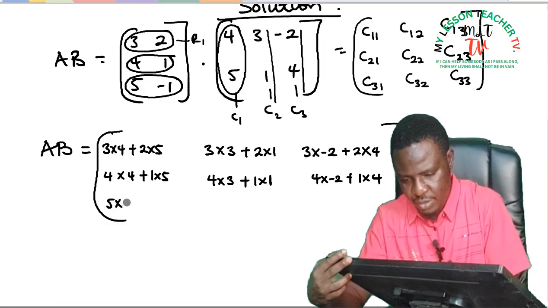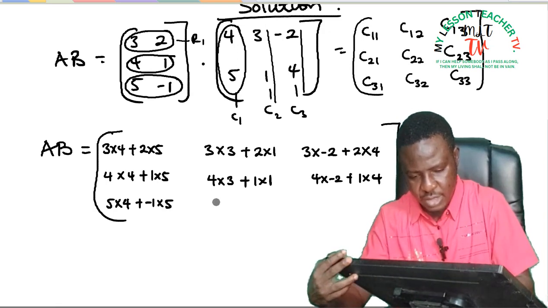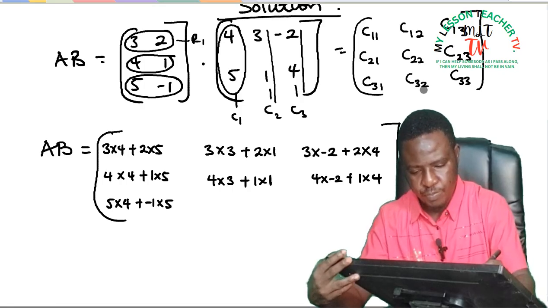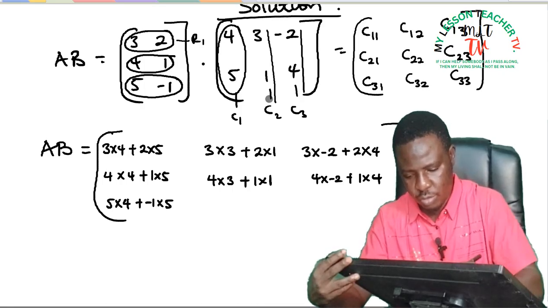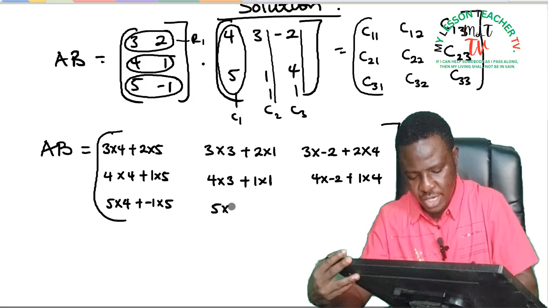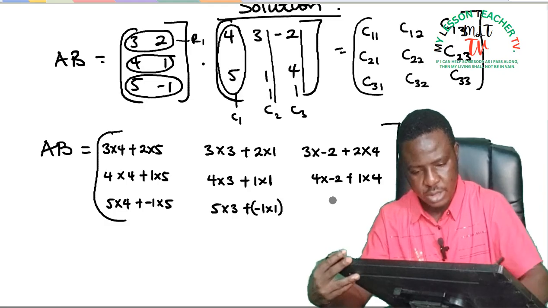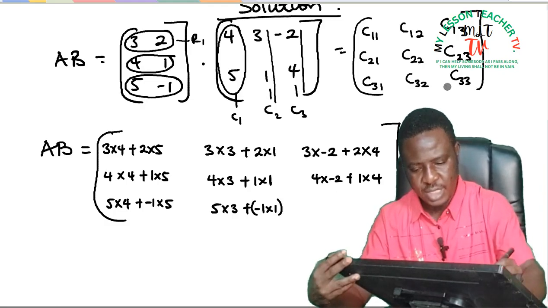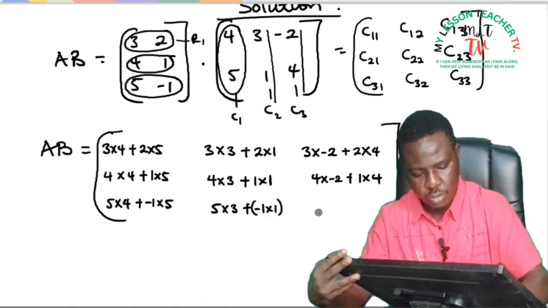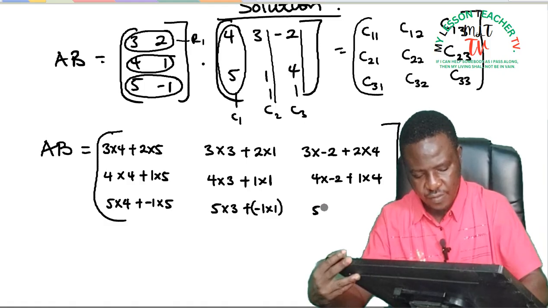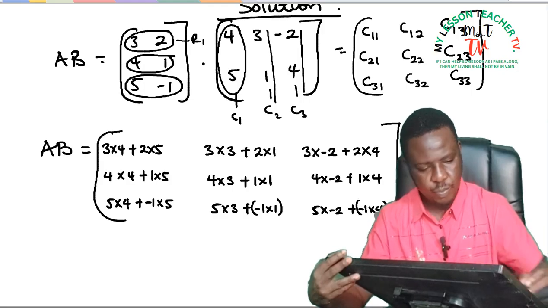This will be 5 times 4 plus minus 1 times 5, while this is going to be C32, third row, second column, 5 times 3 plus minus 1 times 1, while this is going to be C33, third row, third column. We have 5 times minus 2 plus minus 1 times 4.